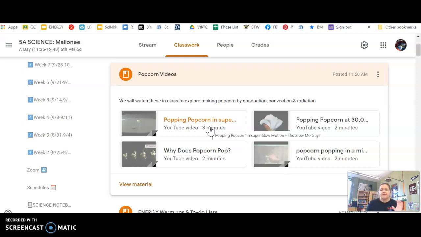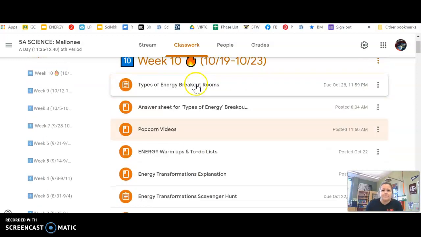Okay, so between the microwave popcorn with radiation, the conduction with the pan and the oil, and then with convection with the air popper or the slow-mo one here with the hot air stream coming up, that's 3 different ways to pop popcorn. Okay, so do that.